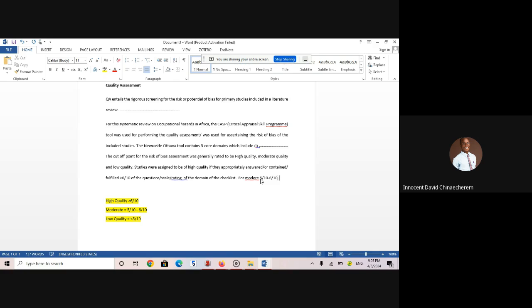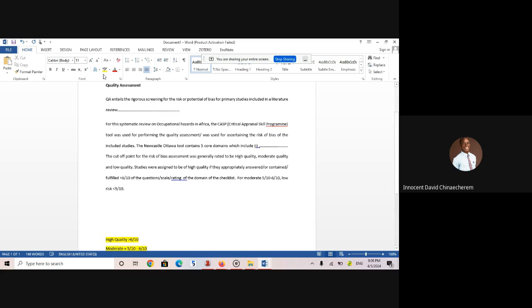Then they have high risk, low quality. Low quality is when they were less than 5/10. Less than 5/10 is not 5/10, so that's from 4/10, 3/10, 2/10, 1/10, 0/10. All right, so that's the way.